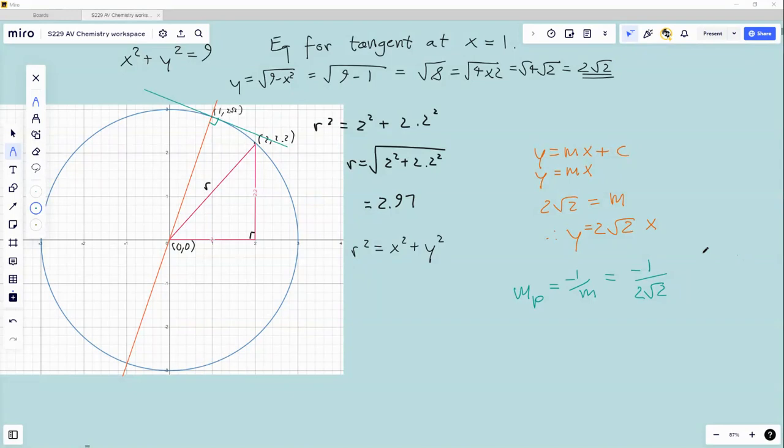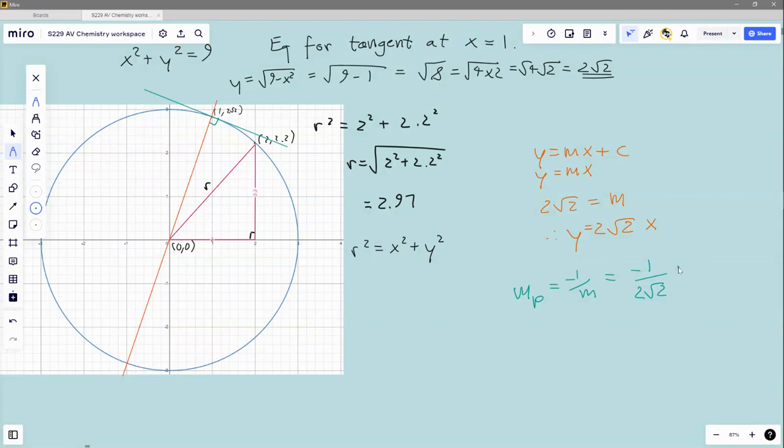So essentially what we're doing is rationalizing the denominator, right? To do that, you multiply it by 2 over root 2, which we're allowed to do because 2 over root 2 is just 1. So when you multiply anything by 1, you're not changing it. That gives the top value as negative root 2.